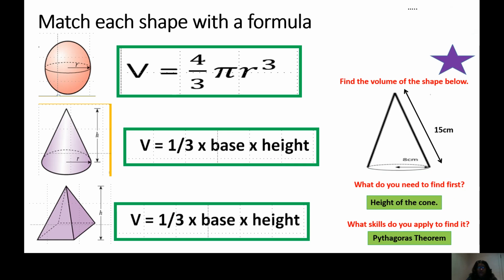That one is for the sphere, that is for the cone, and this one can go either way, because both of them are 1/3 times the base times the height.